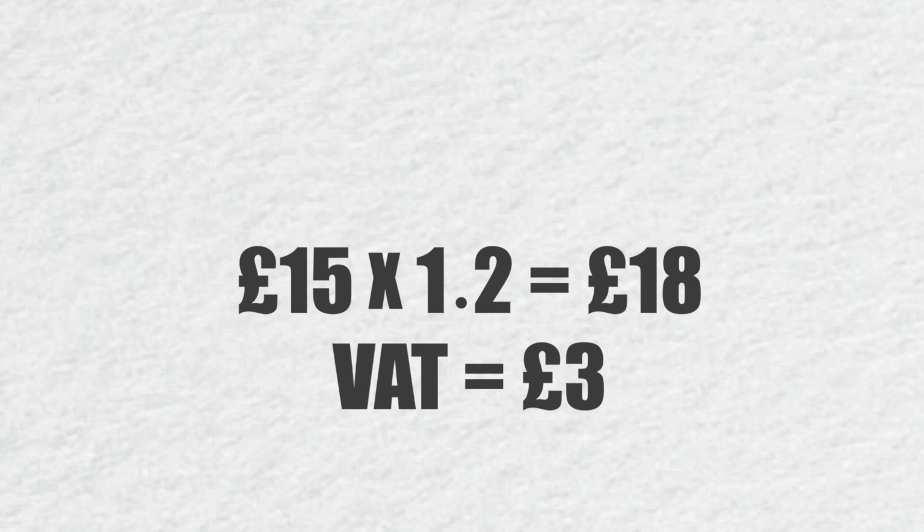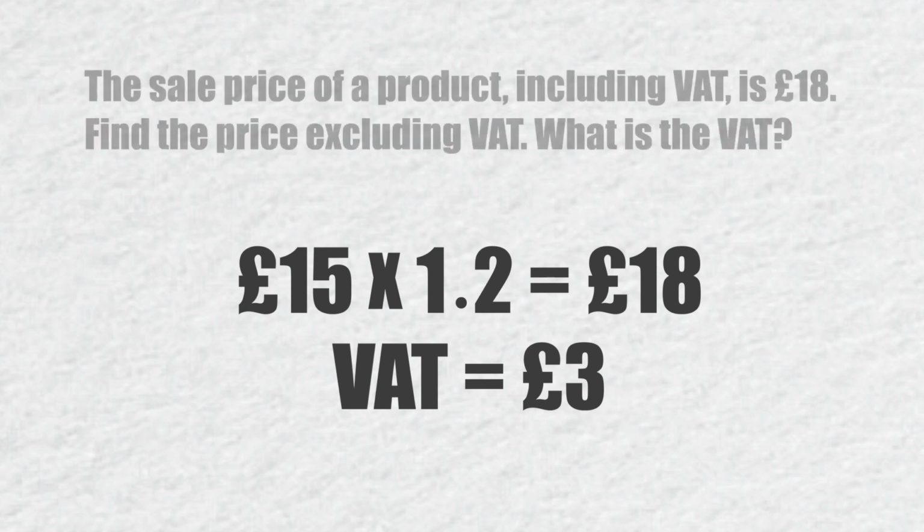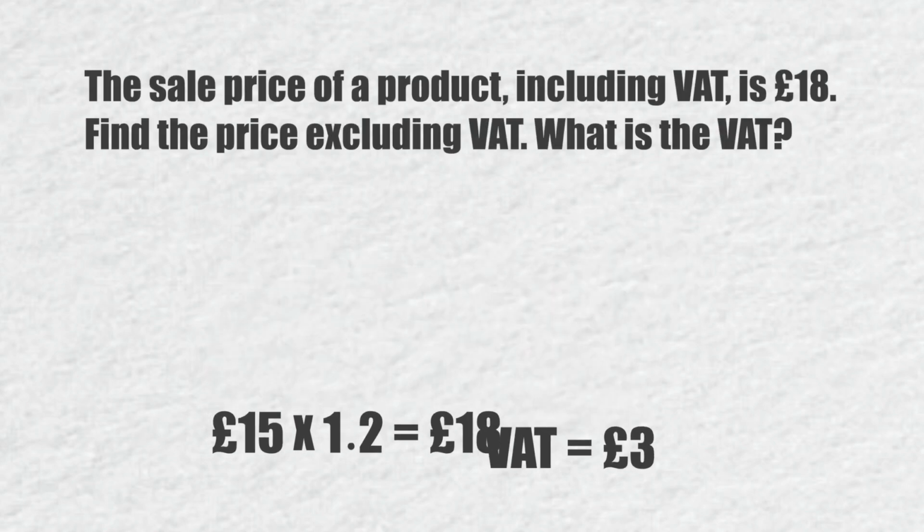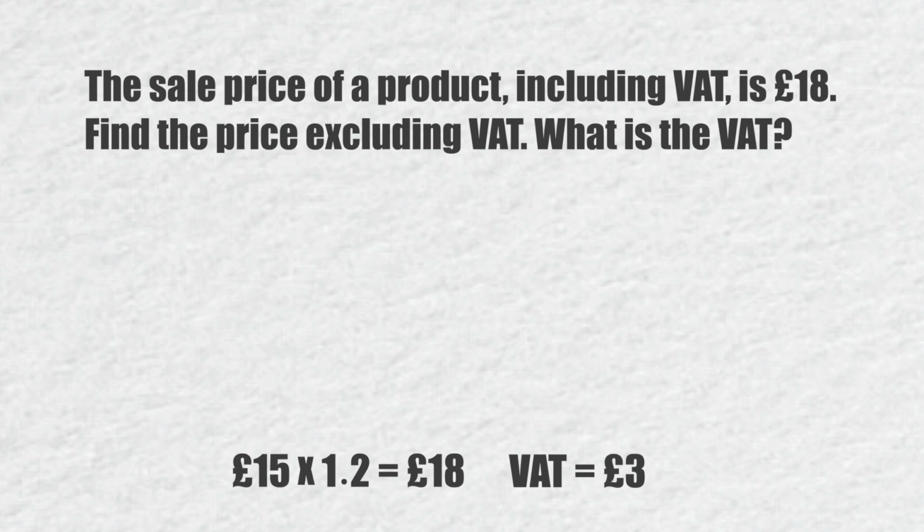I'm going to use the calculation from the previous video to illustrate what the students were doing. Imagine that the sale price of a product is £18 including VAT. We want to know the price excluding VAT and the VAT itself. Now we know from the previous video that the answer should be £15 excluding VAT and that the VAT is equal to £3.